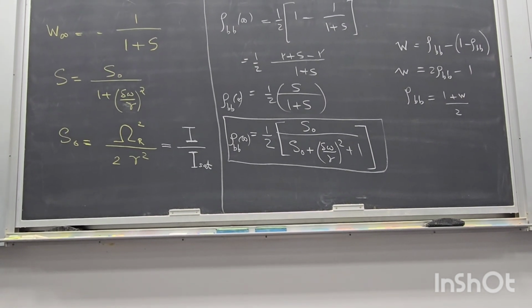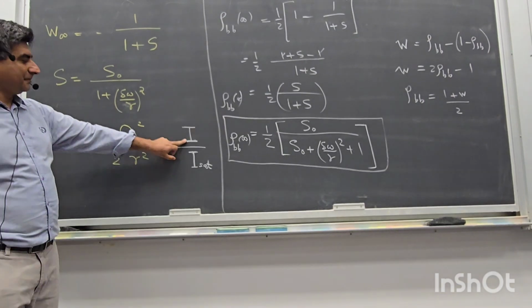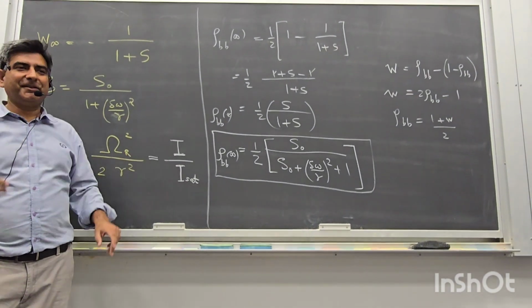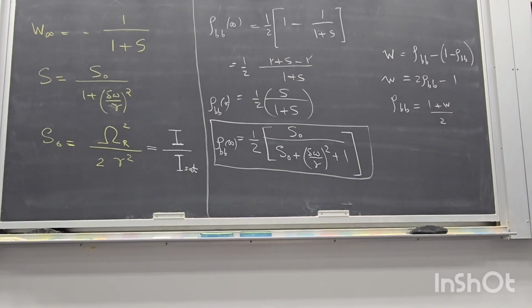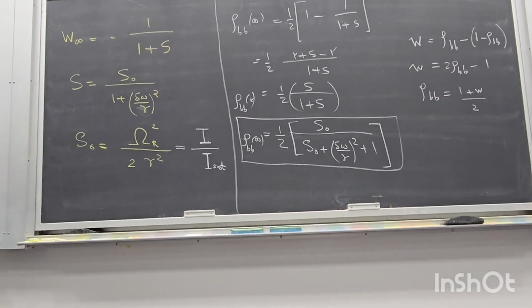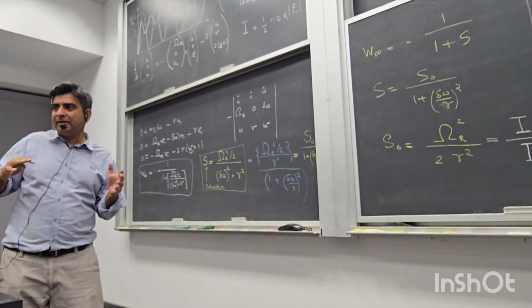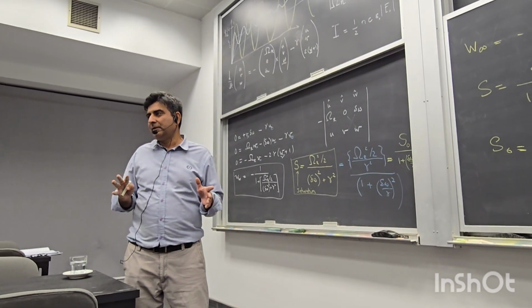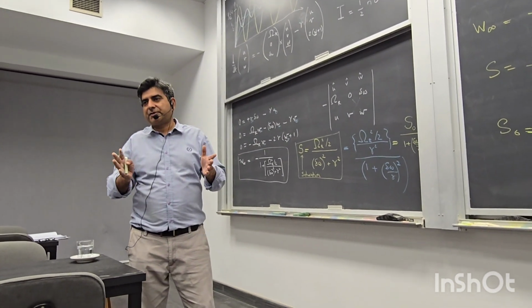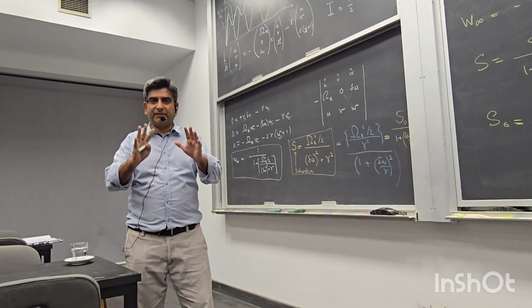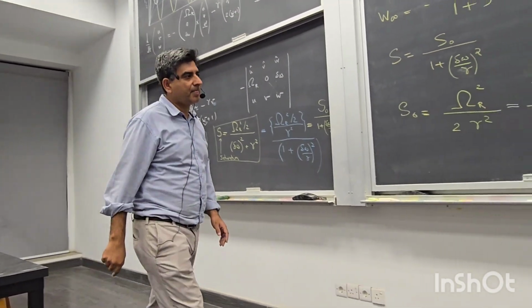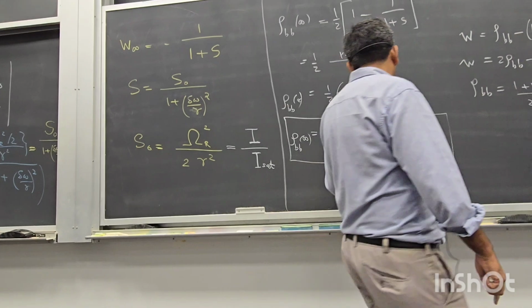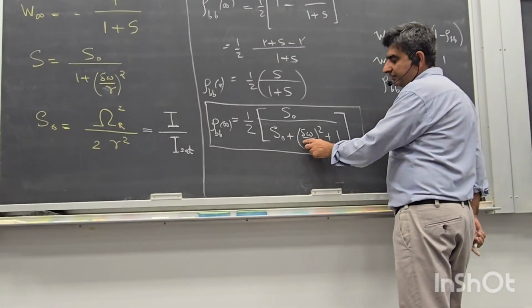S naught is some incident intensity. It is representative of how much light you are putting in onto the system. And this can give you the steady state values for the weak and strong field limits. So if S naught is large, which means the incident electric field is large, you put in large amounts of light, then S naught will be larger than this factor.